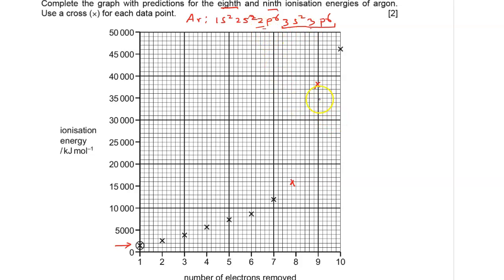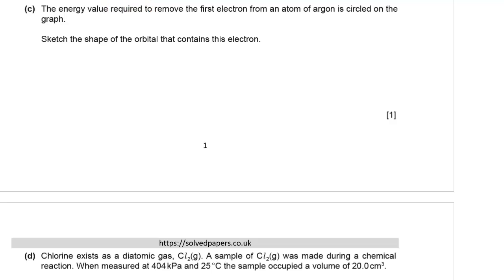You need a lot of energy because shell 2 is closer to the nucleus. So you need more energy to remove an electron which is attracted more by the nucleus from a 2p than from a 3p. Good.